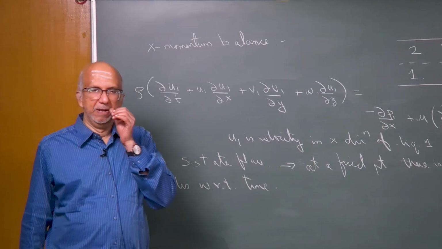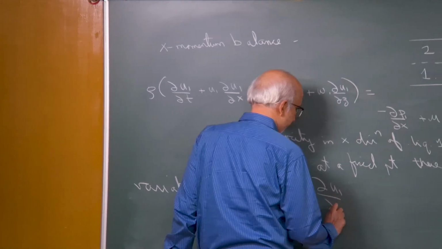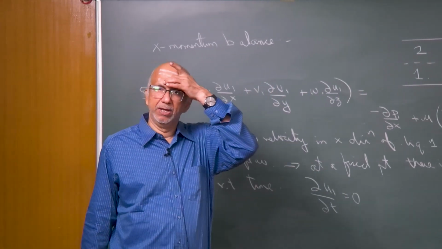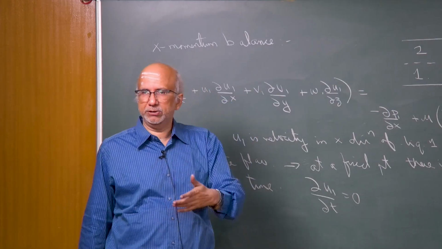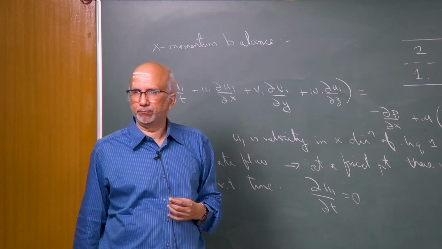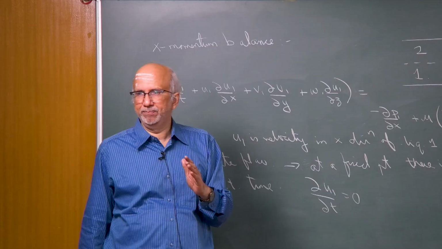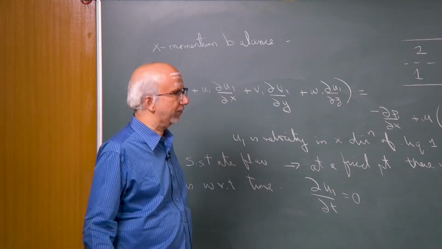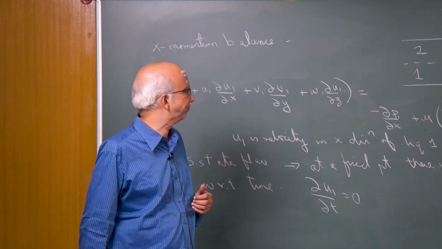So, this implies du1/dt is 0. When is this going to be valid? If you have been running your micro channel for a long time, so you have waited for all the initial transients to decay and then you have steady state, and normally we will be running it for a sufficiently long time, any reactor, any system.